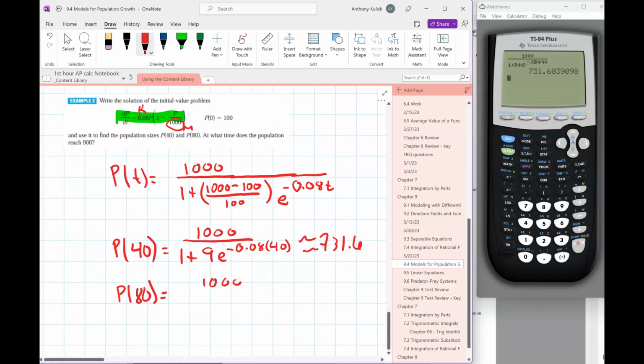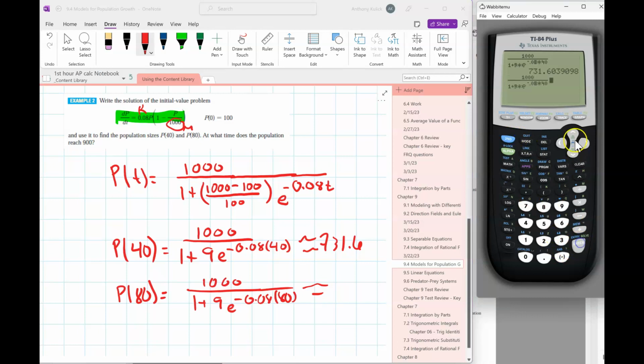If I did the same thing for P of 80, I'll just take that same thing and put 80 there instead. It's 985.